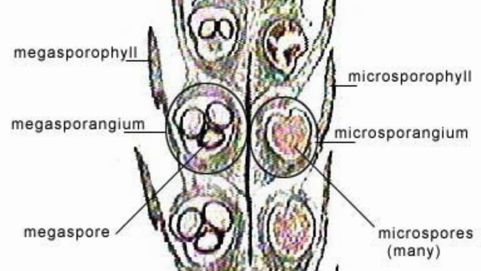Megasporophyll has megasporangium that consists of developing female gametophytes, while microsporophyll has microsporangium that consists of microspores that will be turned into male gametophytes.